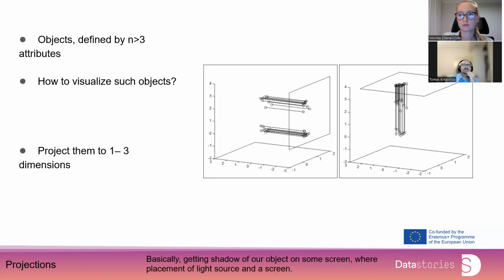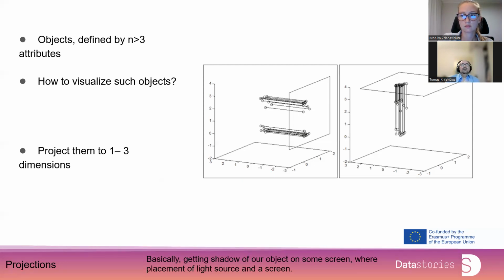For example, we show what kind of very basic projections you can get when you want to move from 3 dimensions to 2 dimensions. So basically, from 3-dimensional space, you move all the objects to 2 dimensions.